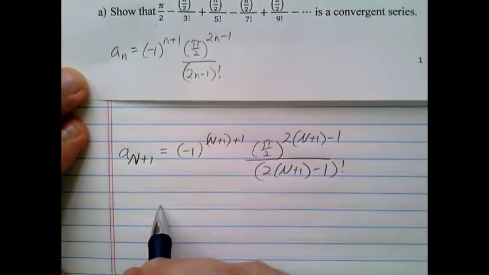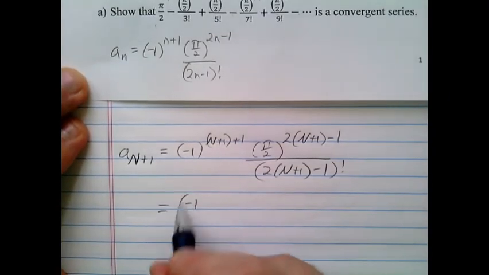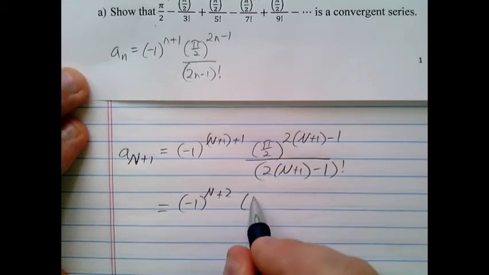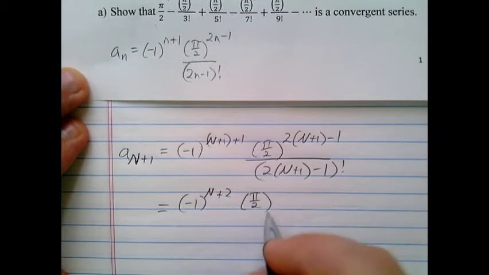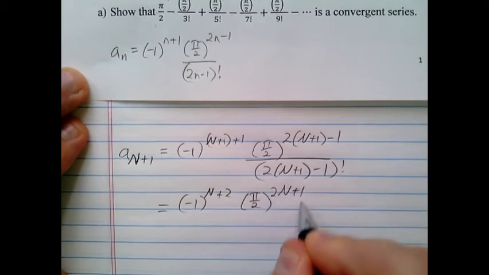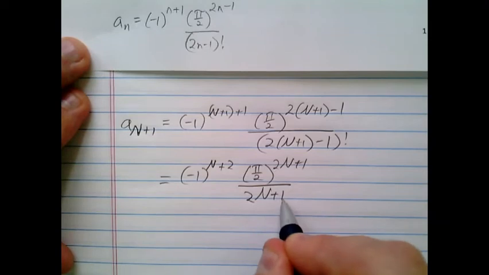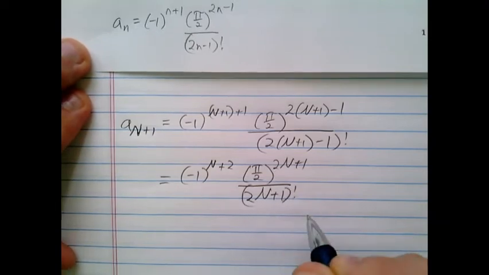Okay, and so the simplified form of that would be negative 1 to the n plus 2 times pi over 2 to the 2n plus 1 over 2n plus 1 factorial.